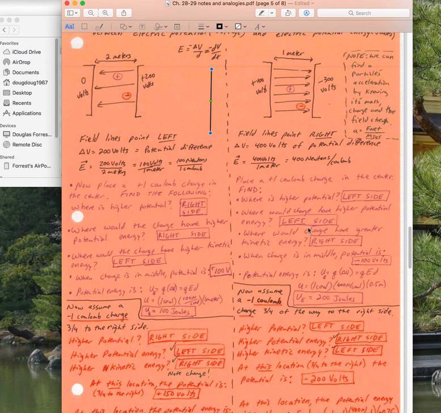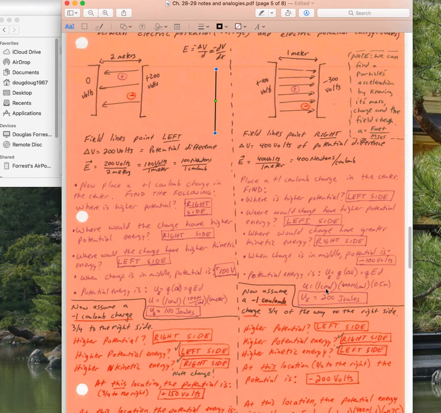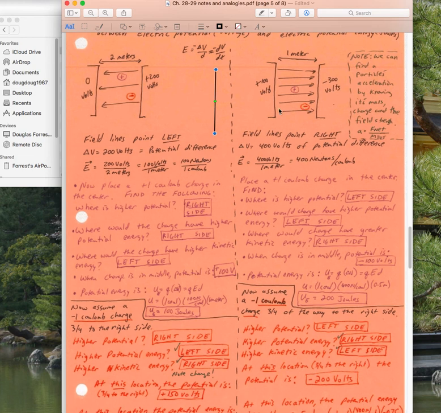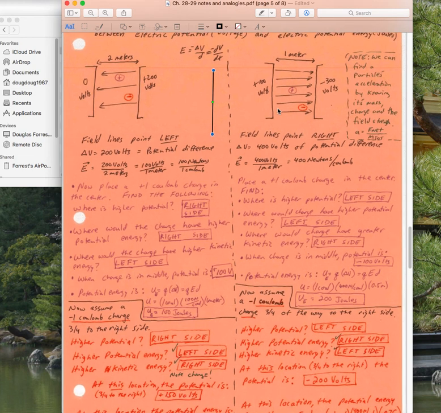The higher potential energy, though, and the higher kinetic energy are affected by the type of charge. So this thing's going to zoom off to the left. It's going to have higher kinetic energy on the left side, higher potential energy on the right side. At this location, 3/4 of the way to the right, this equipotential line would be at negative 200 volts.